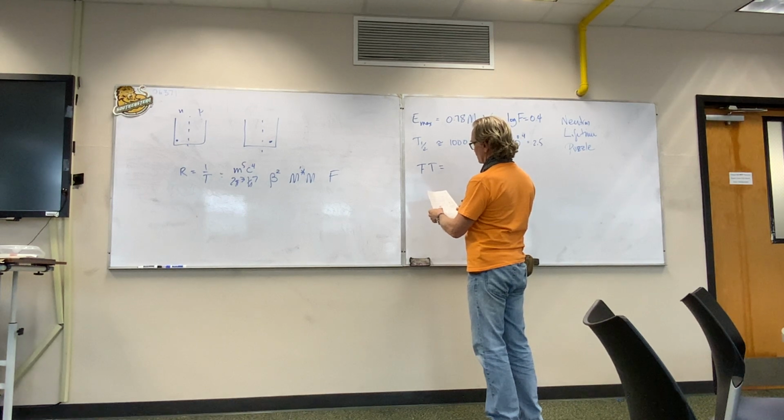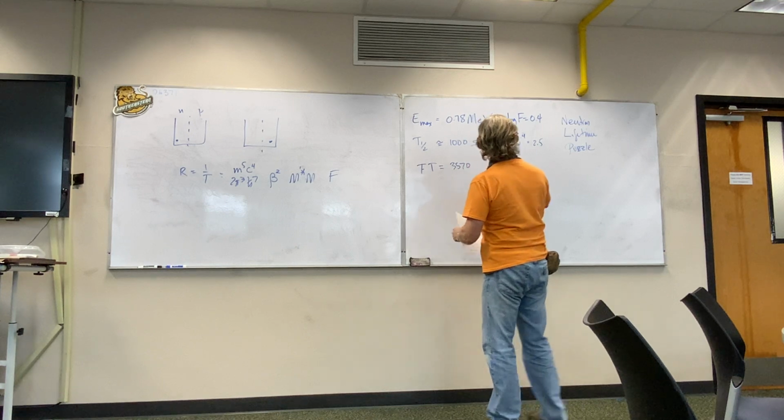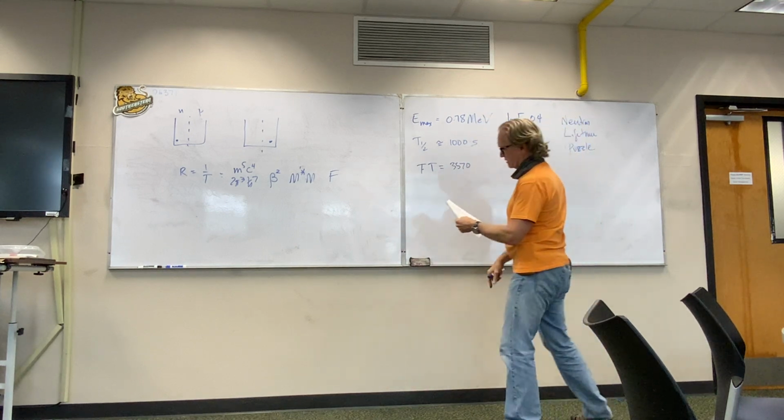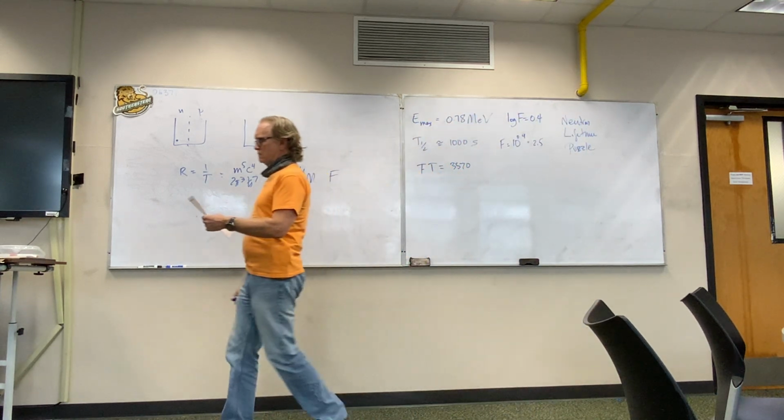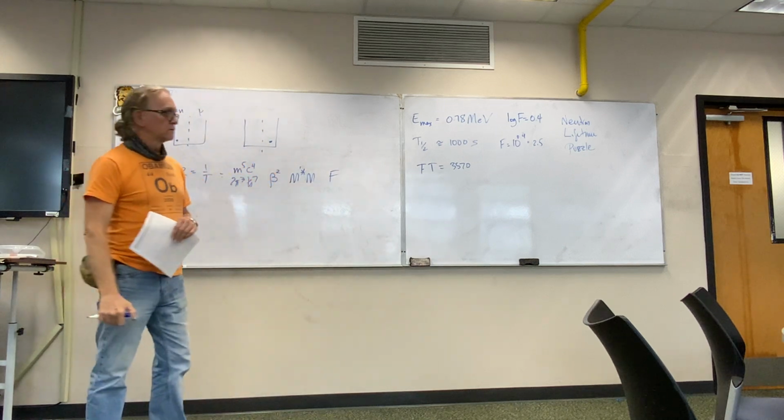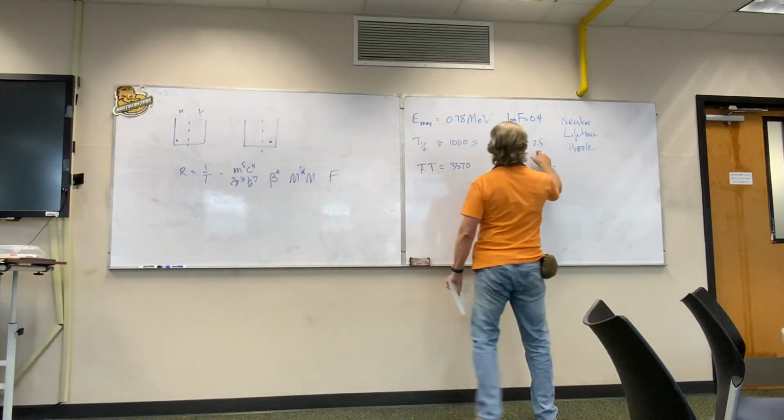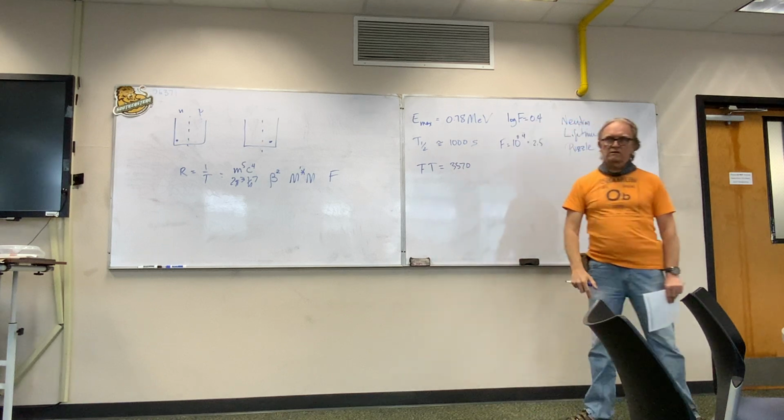What did I do? That times that. Oh, I know what I did. If I take 2.5 times 1,000, I don't get 3570.